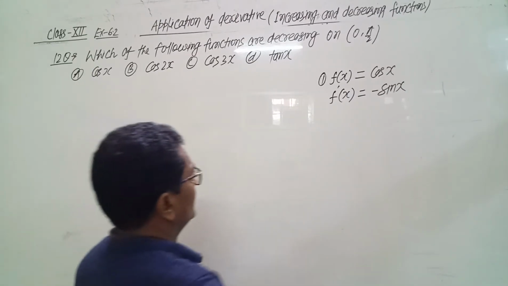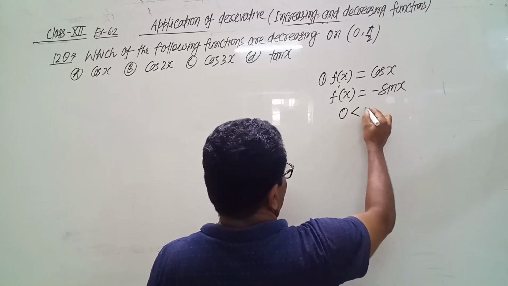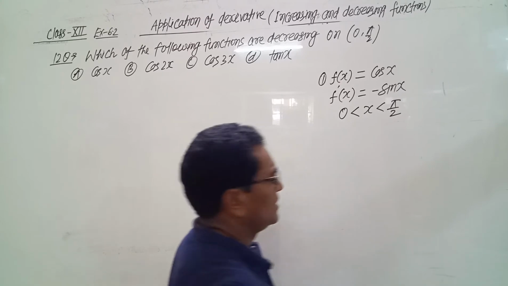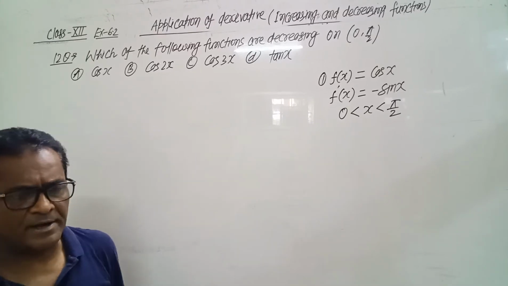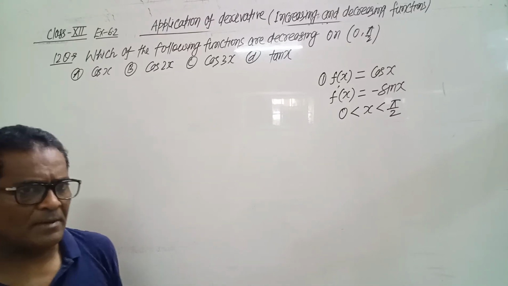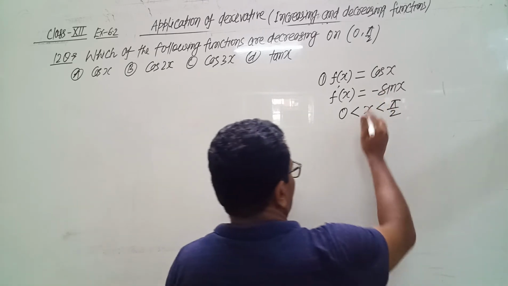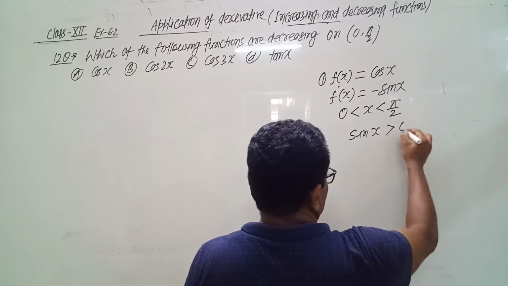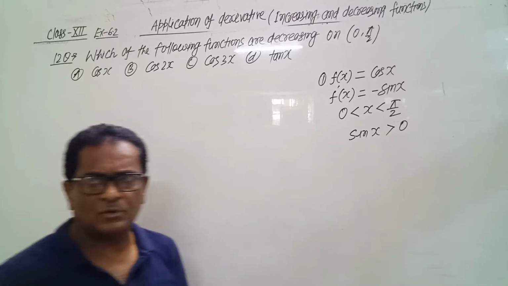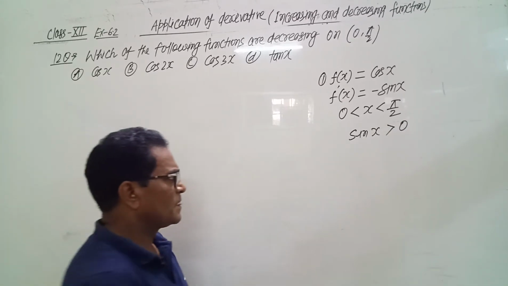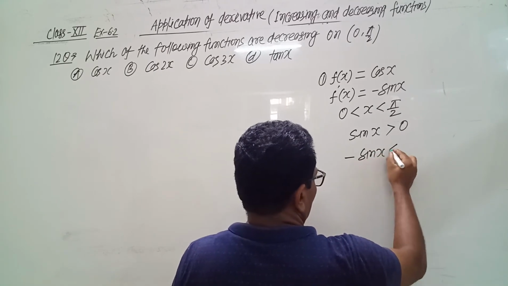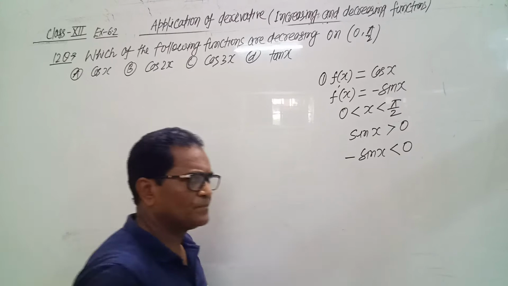And we are given that 0 is less than x is less than pi by 2, meaning the first quadrant from 0 to pi by 2. In the first quadrant, we know that the value of sin x is greater than 0, and the value of minus sin x will become less than 0.